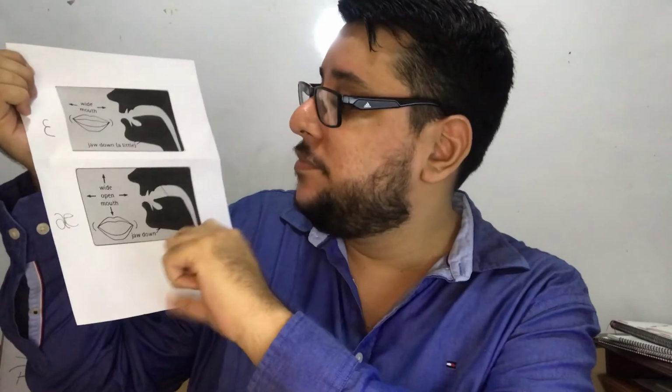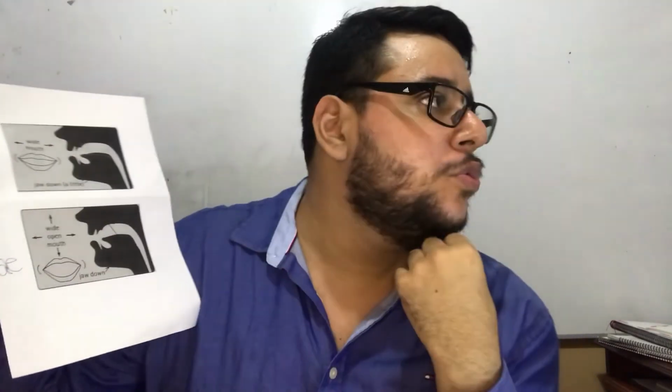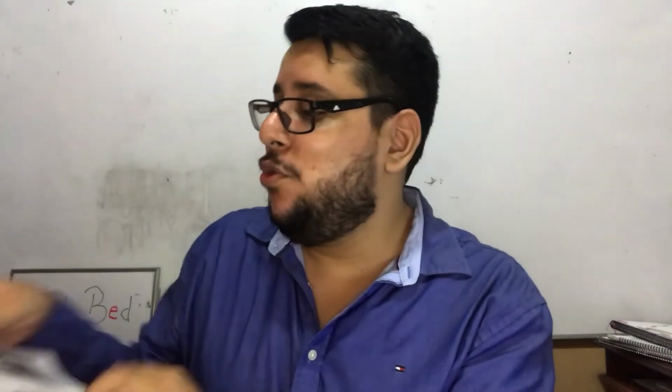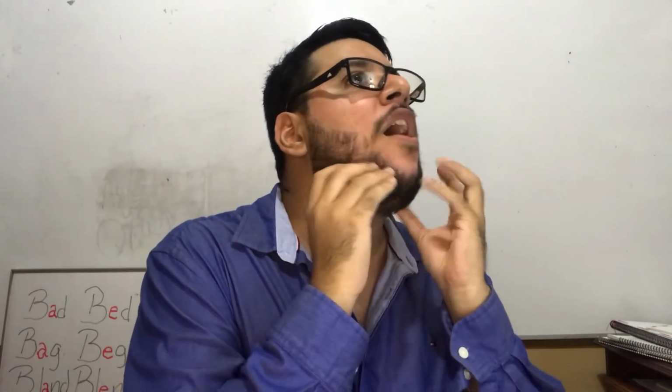But when you say bad, you open your mouth and your jaw goes all the way down. Ba, ba. Maybe if you look at it, or maybe if you try to draw it, you will learn more about how your larynx, your mouth, your lips, and your tongue work in order to produce language.